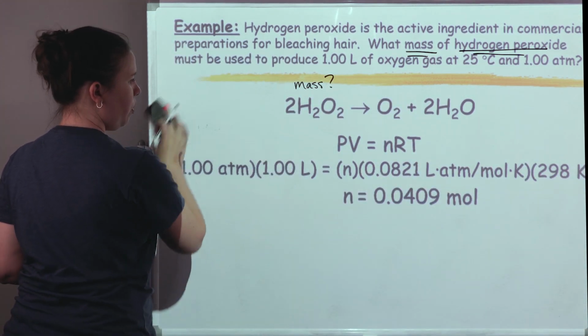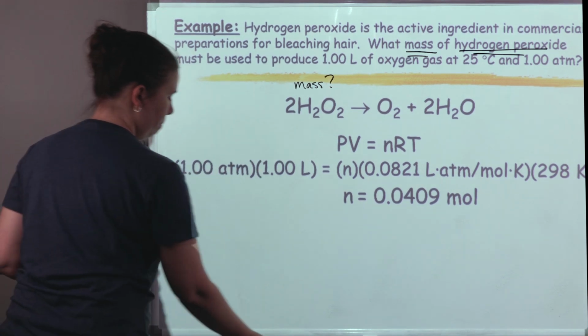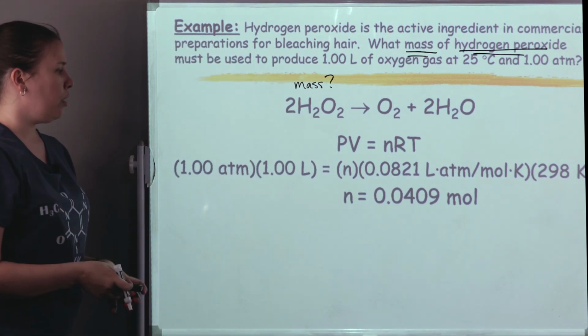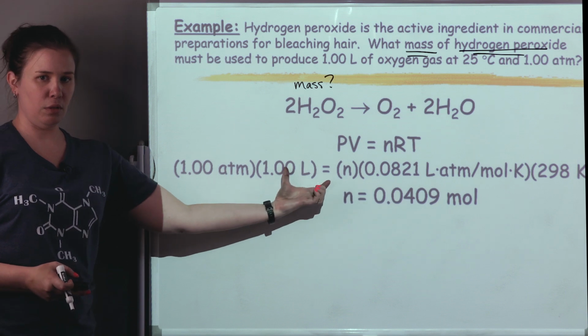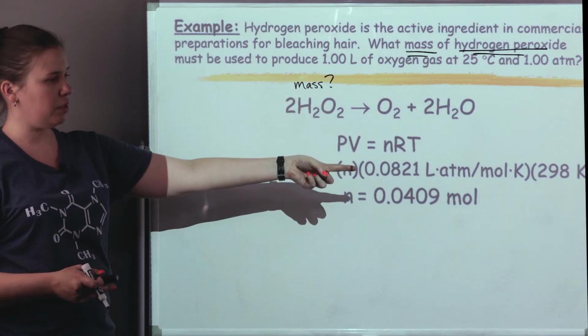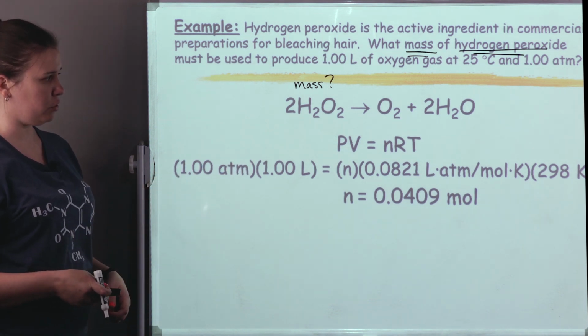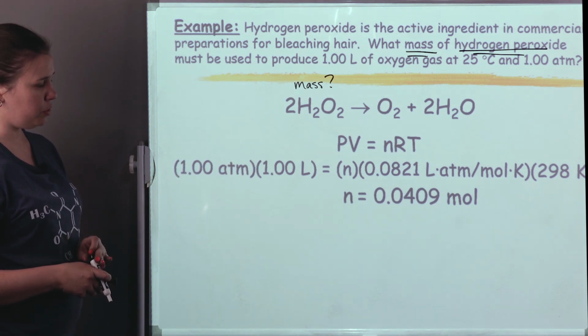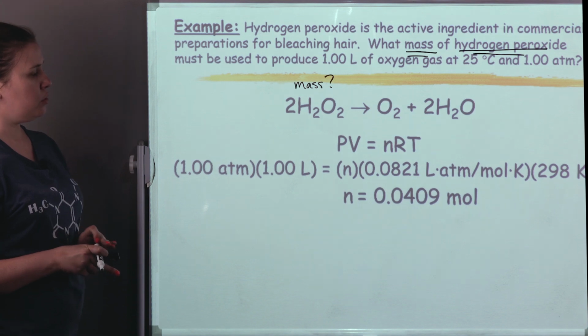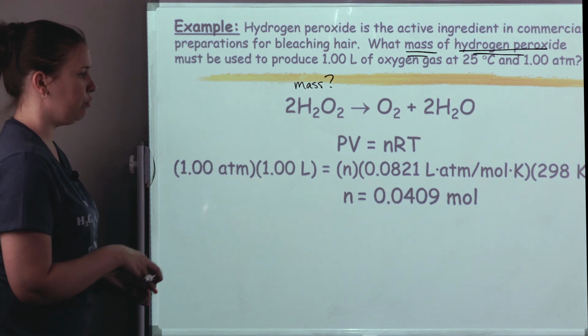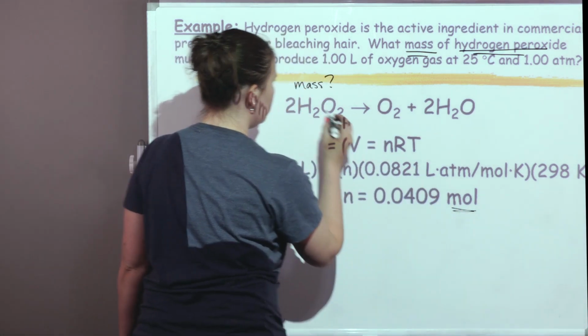So we should get 0.0409 moles. We are using 3 sig figs. Notice the 0.00 on each of these. And then when you convert 25, adding 273, that becomes 3 significant figures for your temperature. So yes, 0.0409 moles.